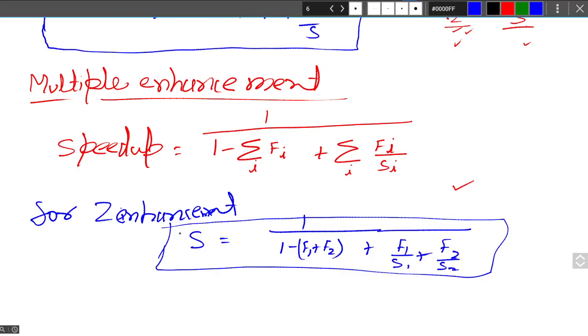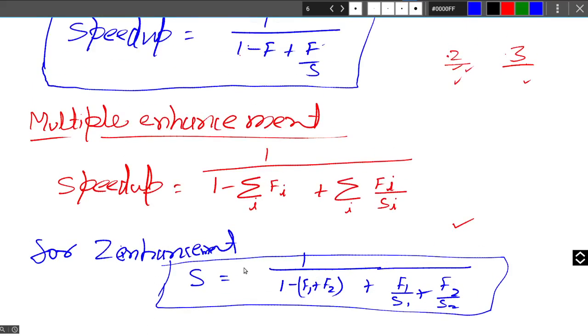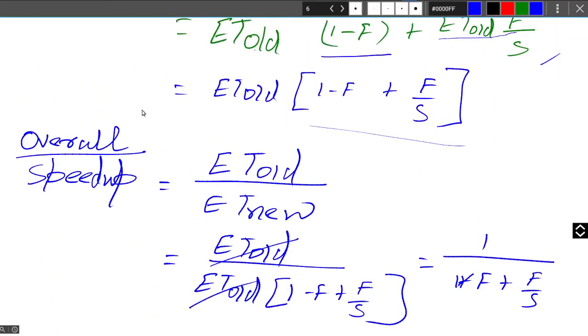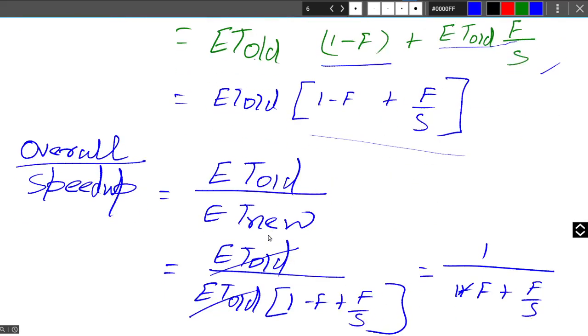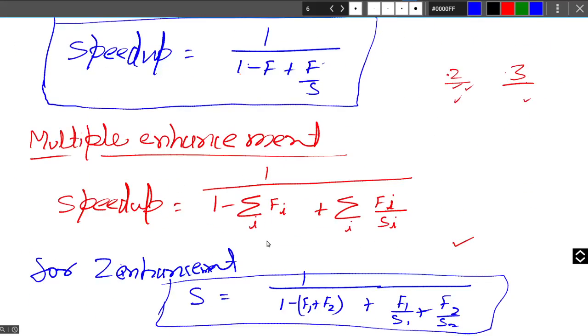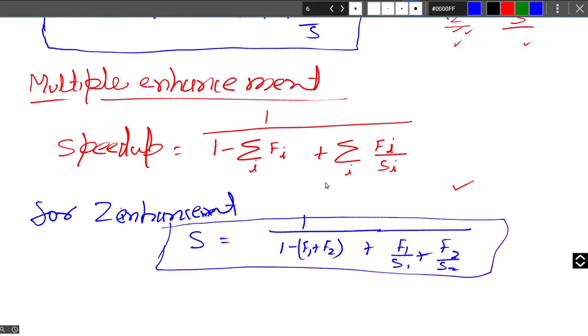Sometimes speed up might be given, one of the fractions can be given, and you will have to find the other fraction, or sometimes fractions will be given and you will have to find the speed up. Sometimes other information related to execution time may be given, and you will have to find out the other things. So you will have to keep these things in mind. This was something we were seeing here, in the case of how to improve the system.